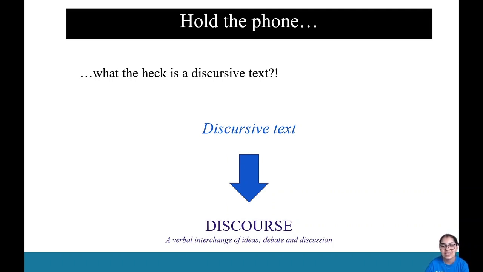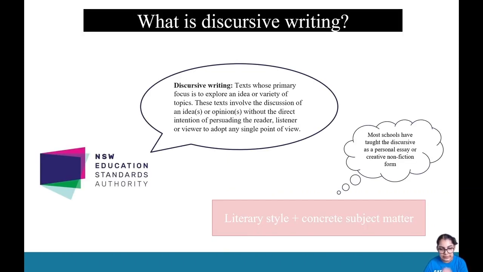What is it? So a discursive text essentially is a text in which we are exchanging ideas. It's a discourse where there is a verbal interchange of ideas. There is debate and discussion. Essentially, discursive writing, as defined by NESA, the NSW Education Standards Authority, that make your exam papers as well.